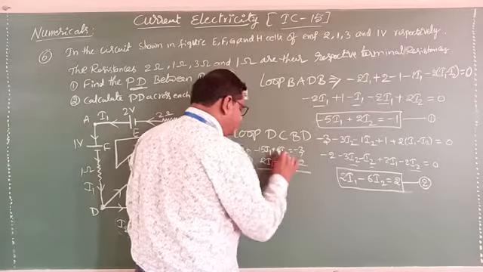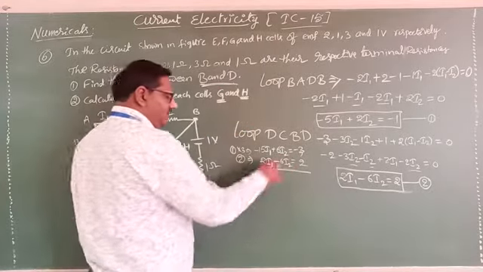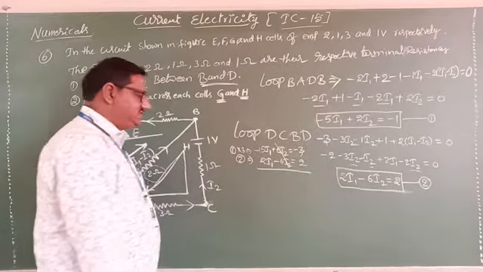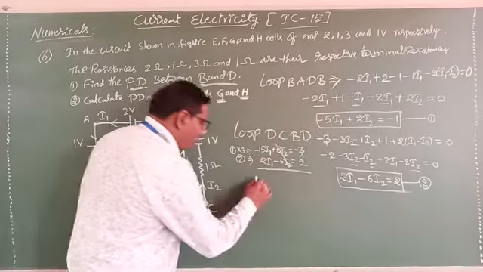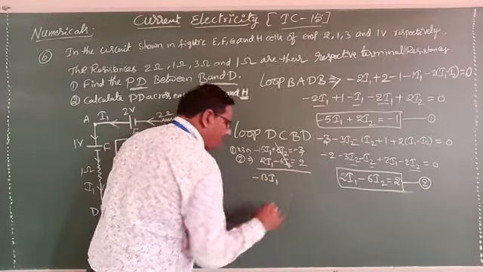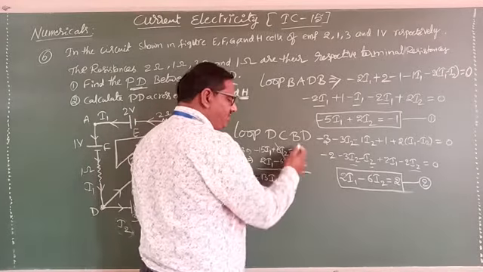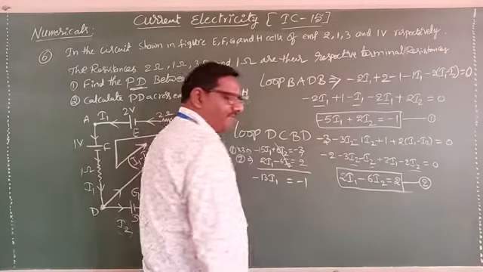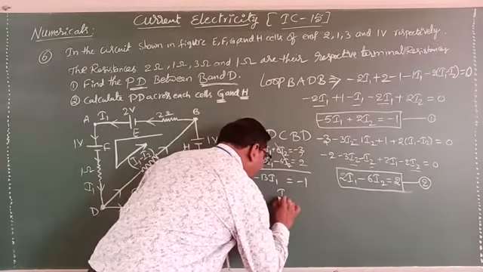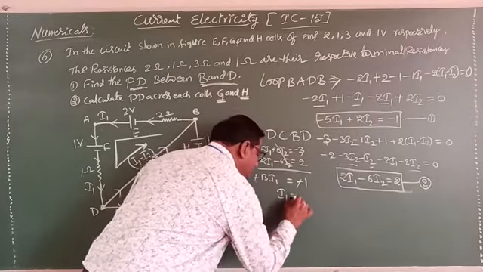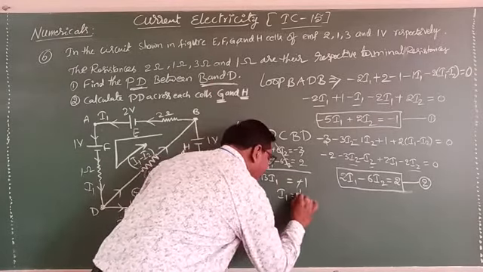Now add these two equations. If you add, these will get cancelled. If you add these, minus 13I1 is equal to minus 1. Then I1 equals 1 by 13 amp. Now current I1 came.